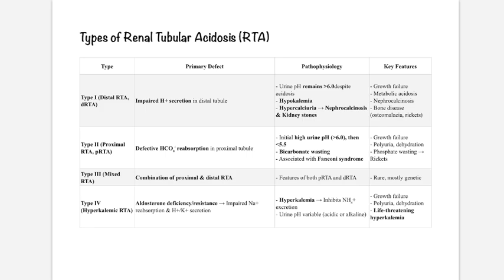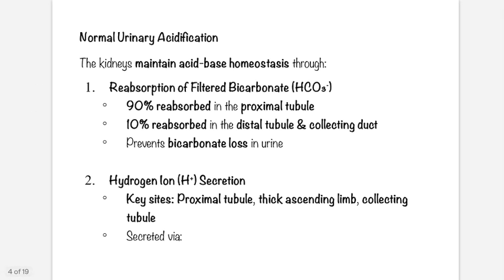Before this, we'll discuss how normal urine acidification occurs. The renal system maintains acid-base homeostasis. How does the kidney maintain it? Mainly by two mechanisms: reabsorption of filtered bicarbonate and hydrogen ion secretion.